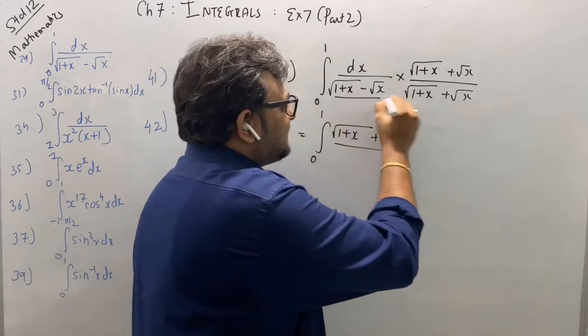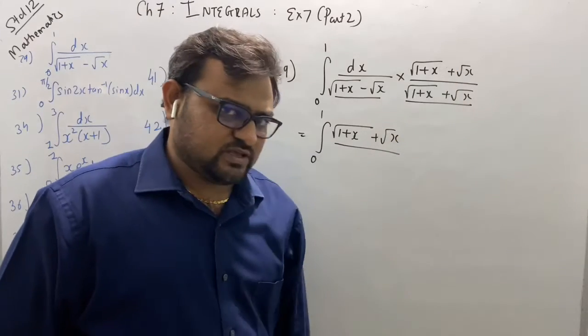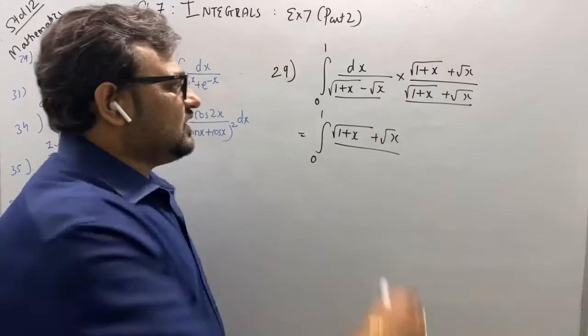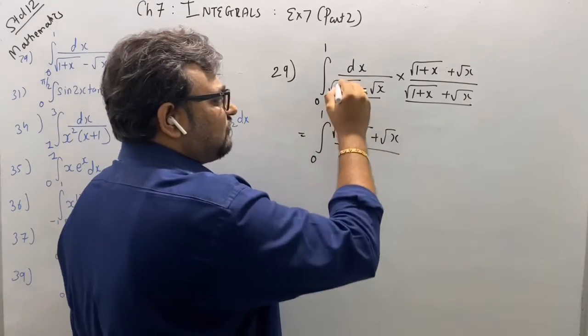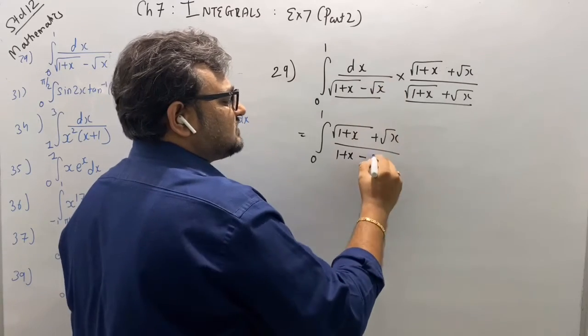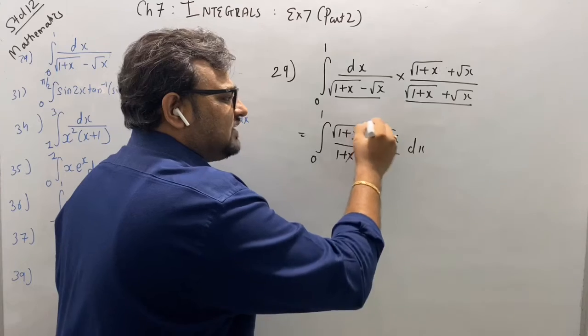But when you check the denominator, a minus b times a plus b is a square minus b square. So what is a square? Square of square root of 1 plus x minus this, it's 1. Now you can easily solve this.